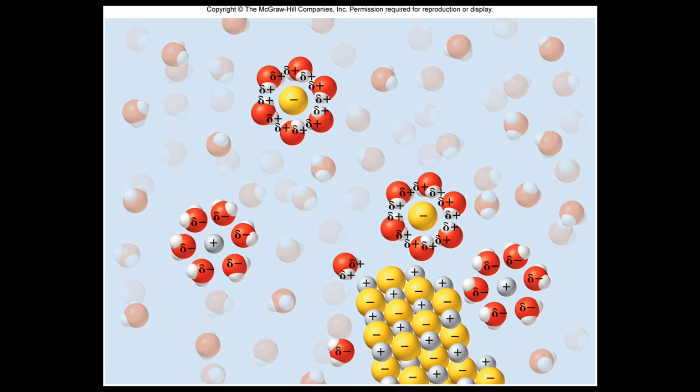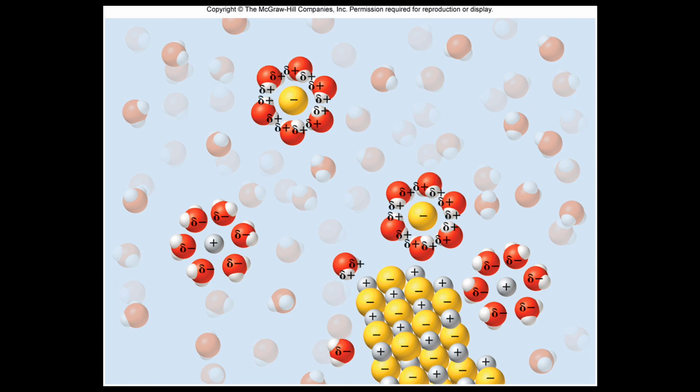On the average, there are 6 water molecules for each sodium ion and 6 water molecules for each chloride anion. This is a process where the water has to move. Water will come up to the crystal. It will hydrate or solvate a particular ion, either a cation or an anion, depending upon which one it is.